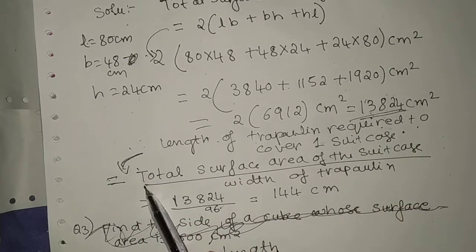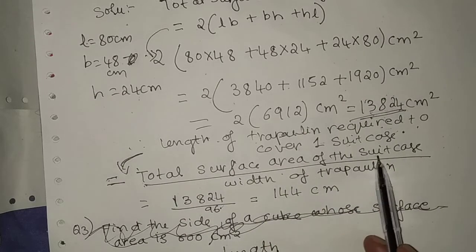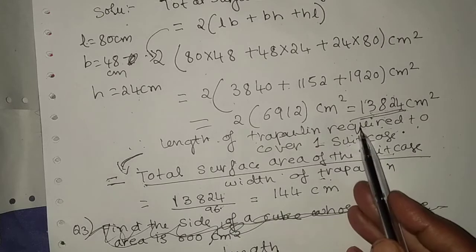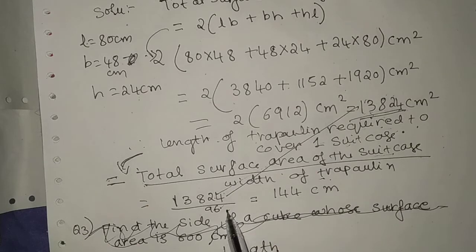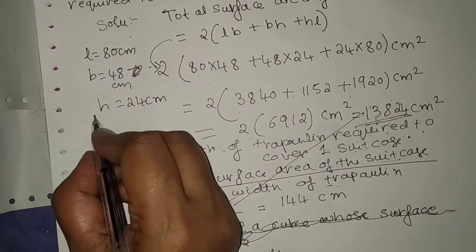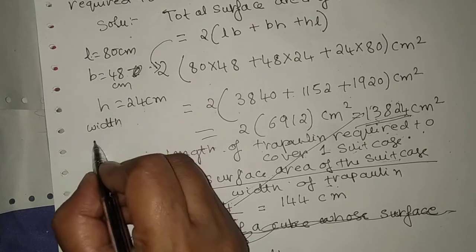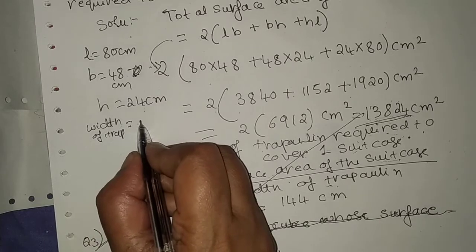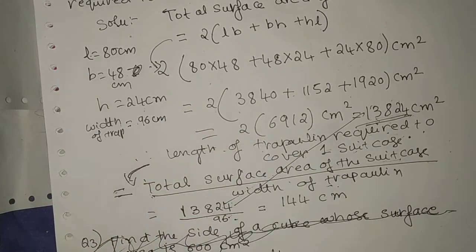So the length of the tarpaulin required to cover one suitcase is equal to total surface area of the suitcase divided by the width of the tarpaulin. So we have to substitute here. Then 96 is the width of the tarpaulin. Width of tarpaulin is how much? 96 centimeters. So these are the data given.